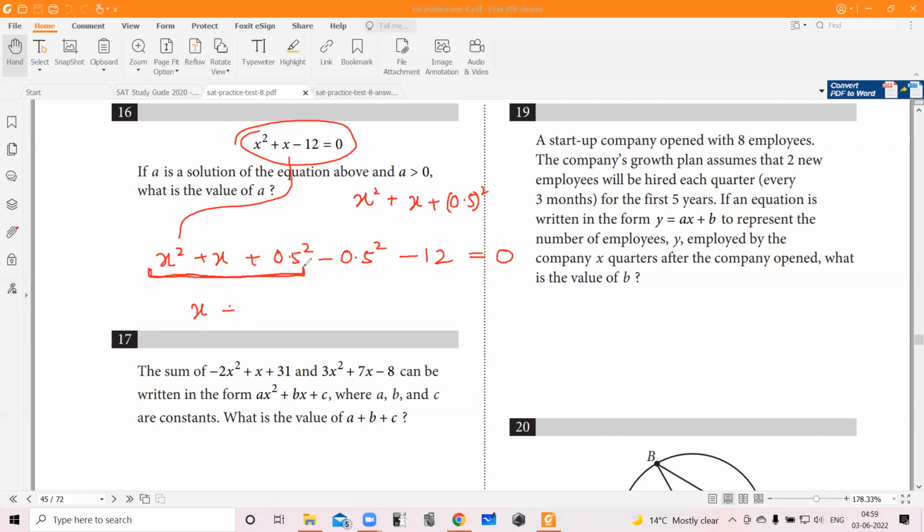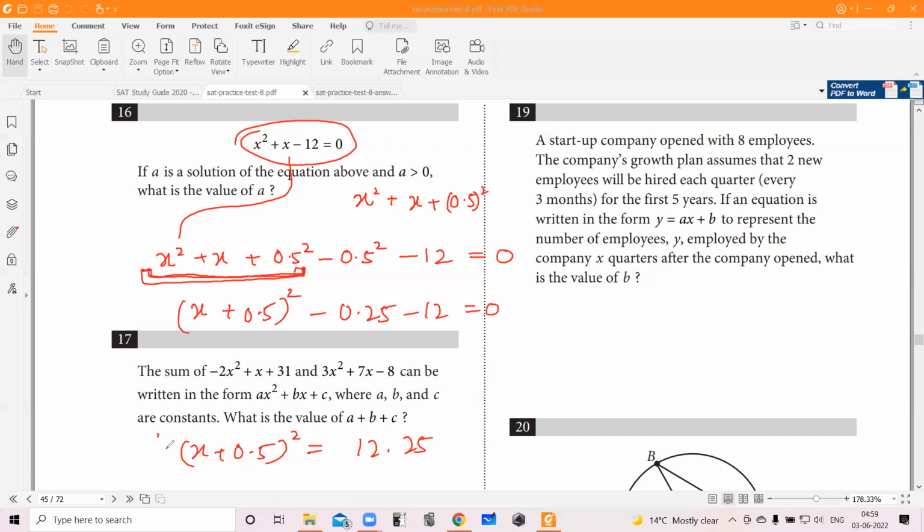So what can we write for this? x squared plus x plus 0.5 whole squared, correct. And then you have negative 0.5 squared, meaning negative 0.25, and then minus 12 equals 0. You can write this as x plus 0.5 whole squared equals 12.25.